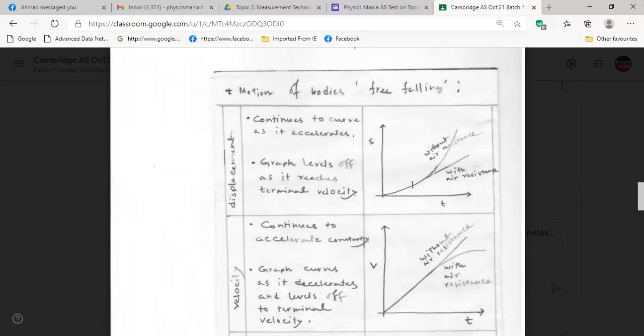Acceleration will decrease, right? Acceleration decreases, and at one stage it will go to constant velocity, right? So here you see terminal velocity. Here you see there is the shape of constant velocity, right?